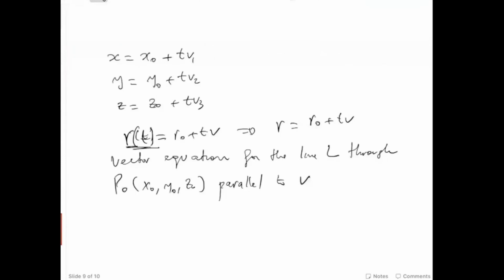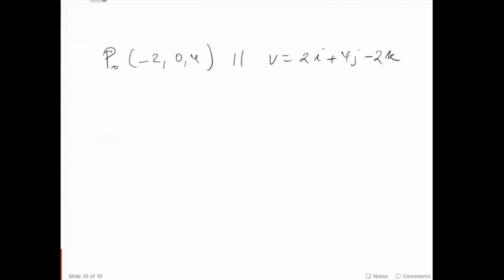Going back here, knowing P0 and the direction, the parametric equation can easily be expressed as x equal to x0 plus tv1.